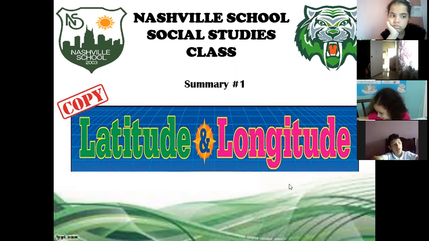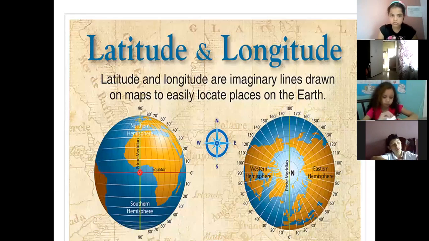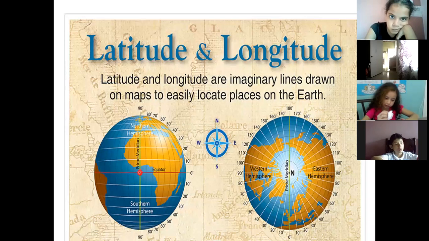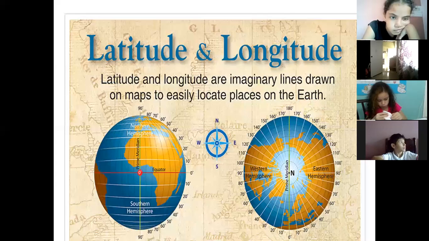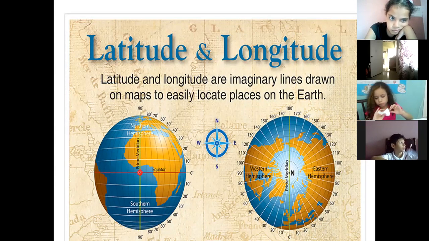This is the topic you have to copy. Latitude and longitude. Latitude and longitude are imaginary lines drawn on maps to easily locate places on the earth. Using these locations is how ships and planes travel.